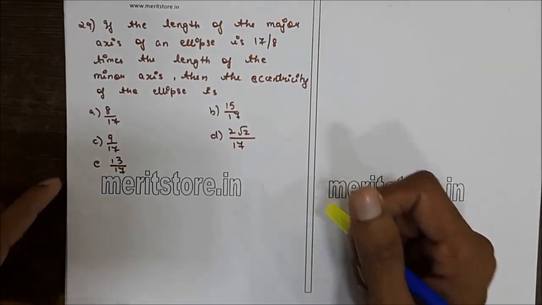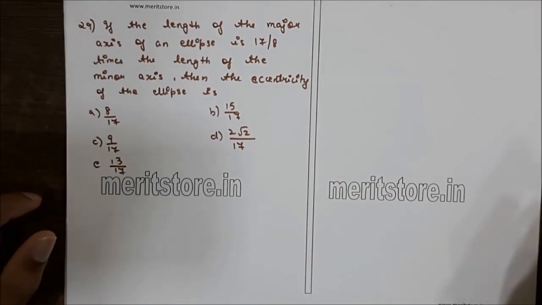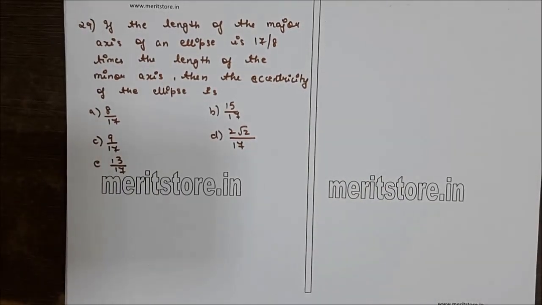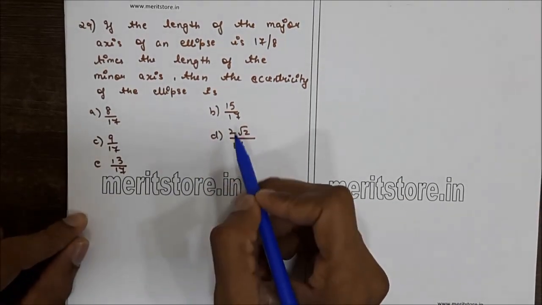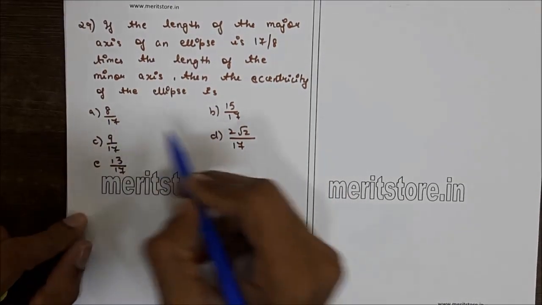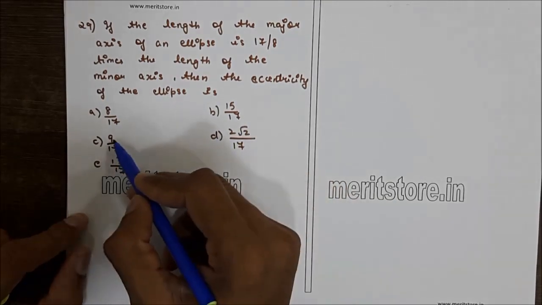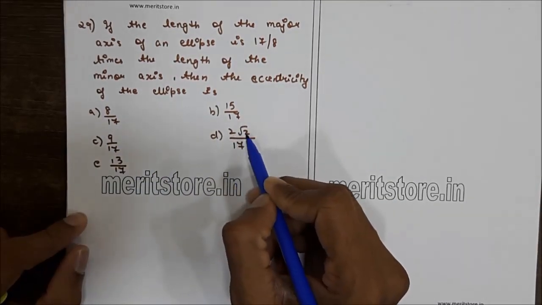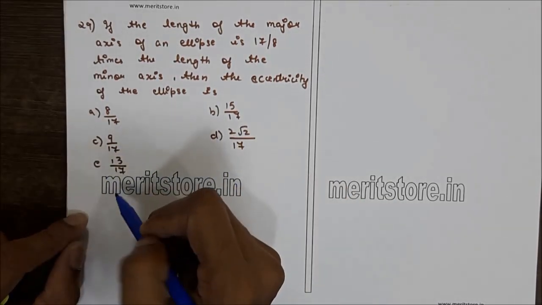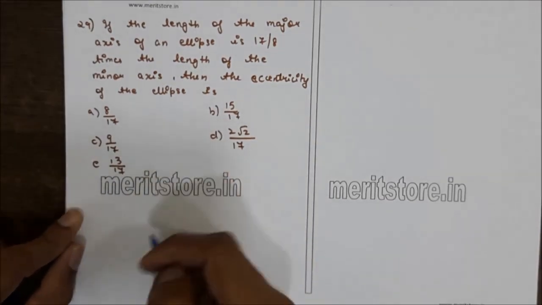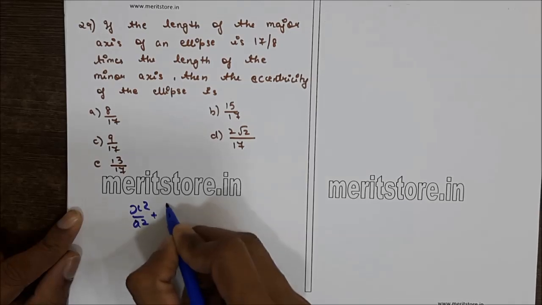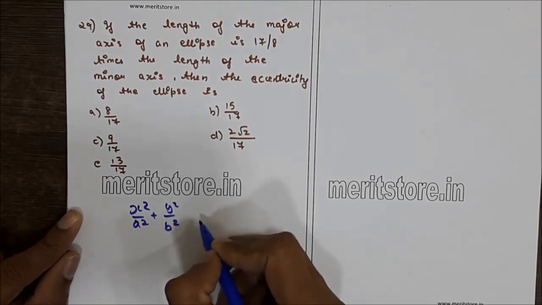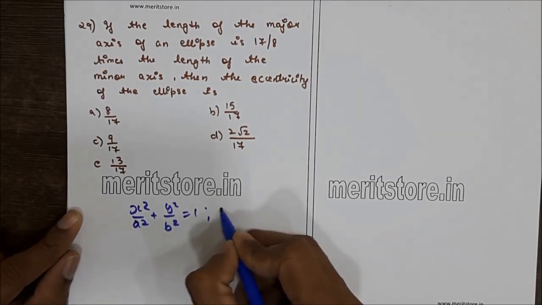Question 29. If the length of the major axis of an ellipse is 17 by 8 times the length of the minor axis, then the eccentricity of the ellipse is, we have five options given: A 8 by 17, B 15 by 17, C 9 by 17, D 2 root by 17 and E 13 by 17. For an ellipse, it is x square upon a square plus y square upon b square equal to 1, a is greater than b.